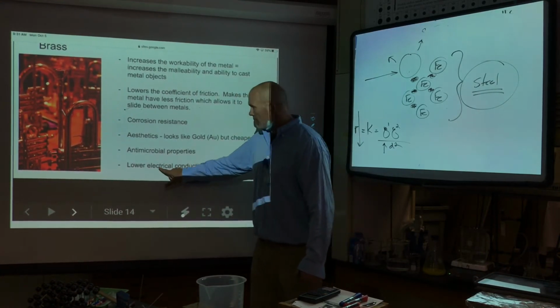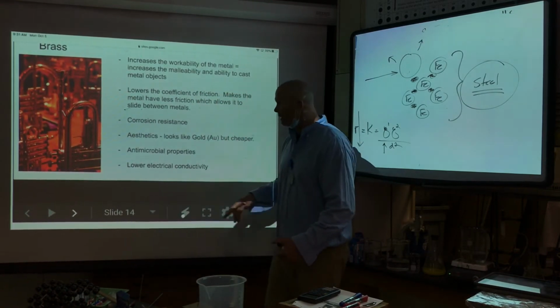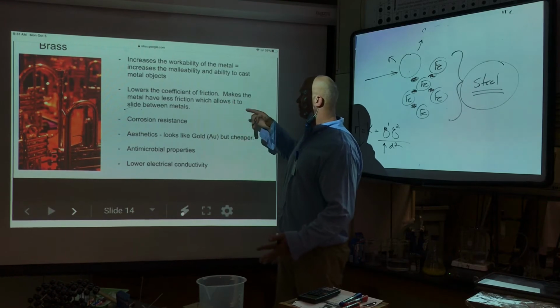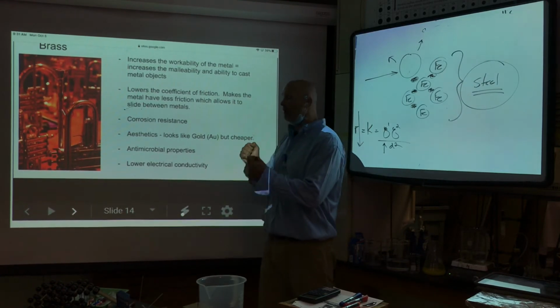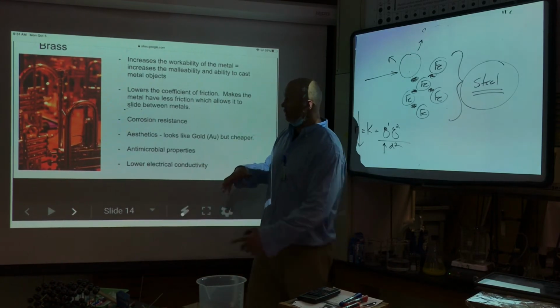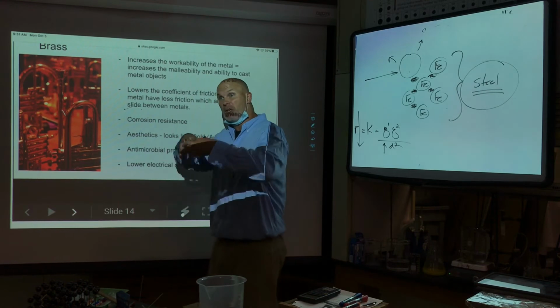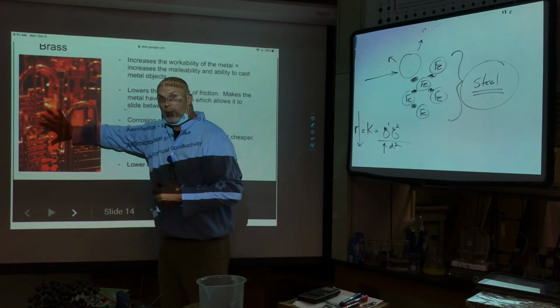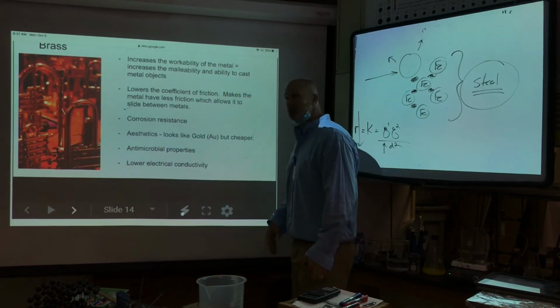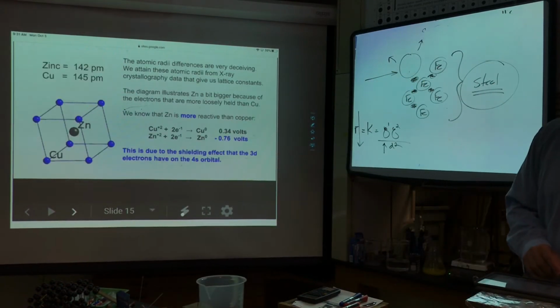It lowers electrical conductivity, so if you don't want it to conduct and you want some sort of an insulator, it does that. Lowers the coefficient of friction, makes it have less friction. Think about sliding metals together in an instrument. But the biggest thing they use the brass for, because it looks nice, is that it's actually very malleable. It's more malleable with the zinc, meaning you can shape these ornate structures in musical instruments. Some people say that it sounds better with brass.